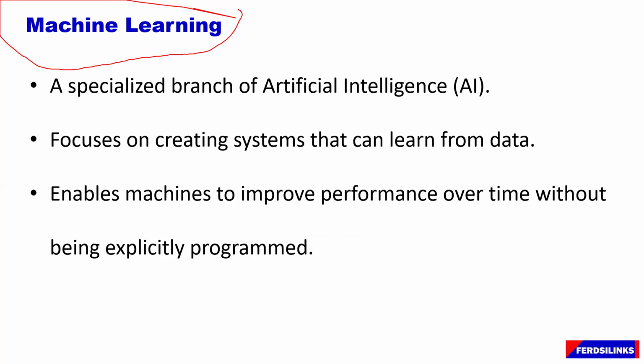It's like you send a robot to the farm. After the robot finishes working, it starts coming home. You are not the one who says, no, it's time to go home. It decides, I'm done with my work, I should go home. That behaves like a human being. That's only possible because of data. It enables machines, which can be robots or computers, to improve performance over time without being explicitly programmed.